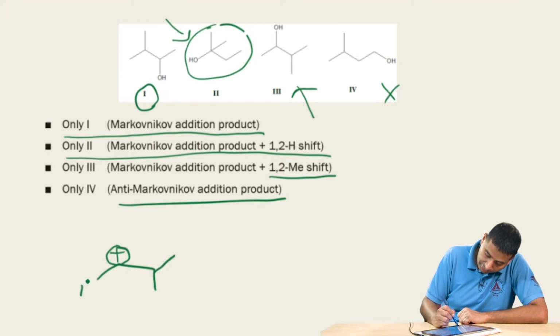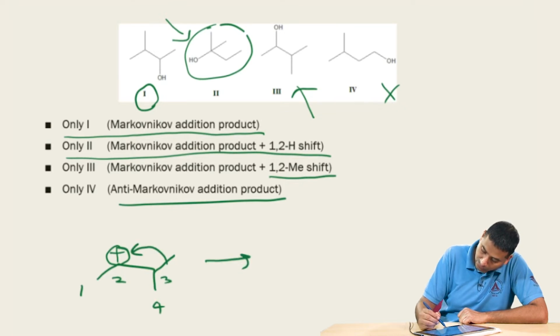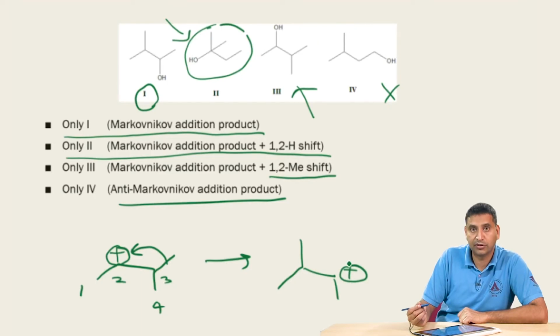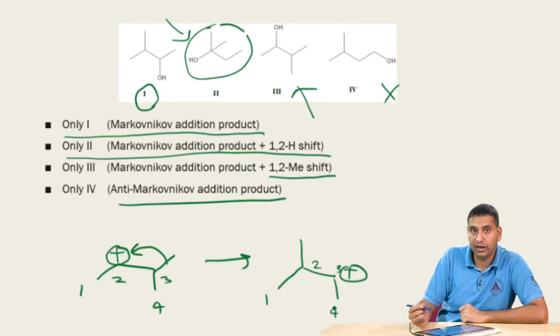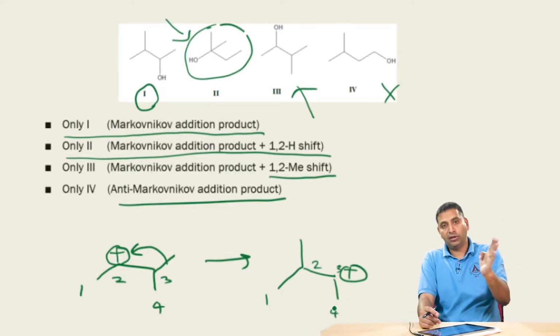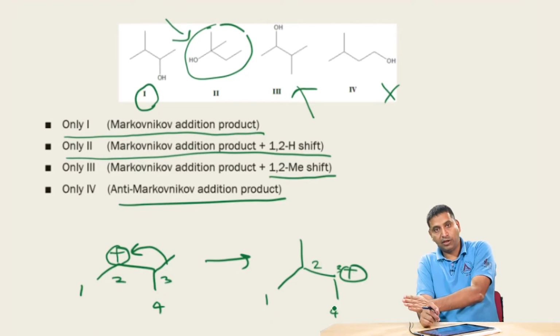I am keeping the numbering the same, 1, 2, 3 and 4. So, if this undergoes a methyl shift, it gives you a carbocation such as this. Okay. So, let me keep the numbering the same, 1, 2, 3 and 4. A secondary carbocation is going to produce another secondary carbocation, which really does not help with increased stability. So, therefore, product 3 would be less likely, right.